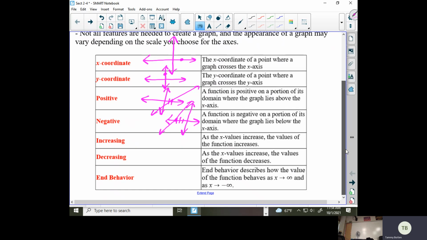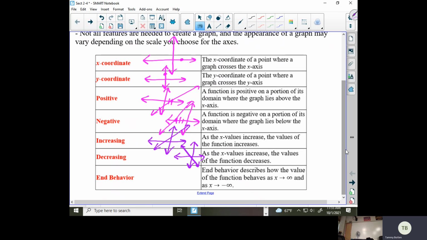Okay. If they say that your graph is increasing, that just means that it's going up from left to right. If they say that it's decreasing, that means it's going down from left to right.